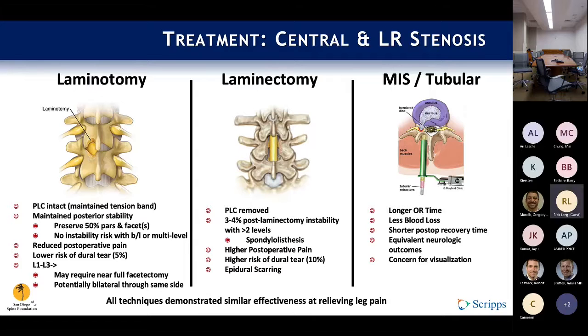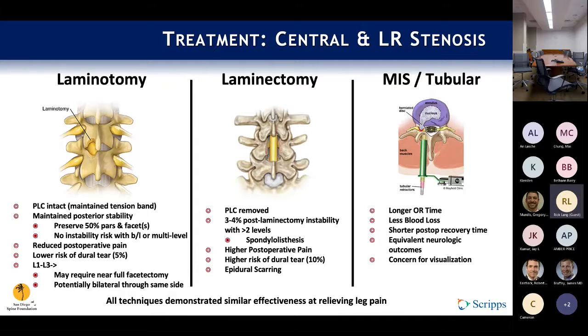Because of that, certain centers are doing MIS tubular. If we look at MIS tubular approaches, they're shown generally to have a little bit longer OR time. However, they have less blood loss and shorter postoperative recovery time, the theory being that there's less disruption of your paraspinal musculature.